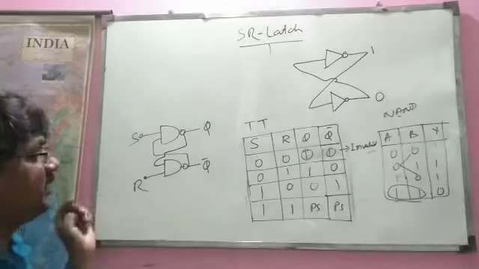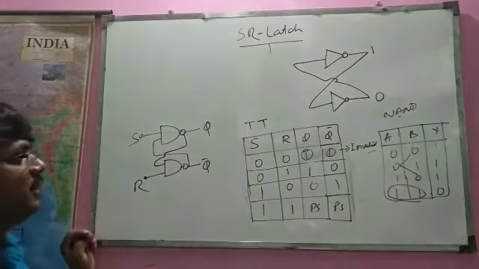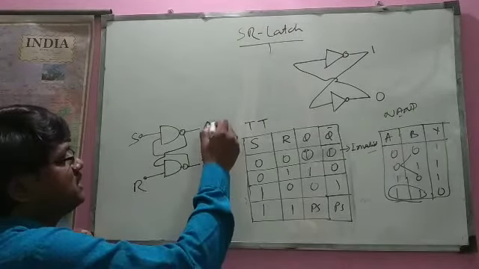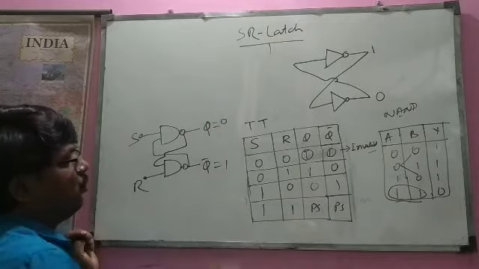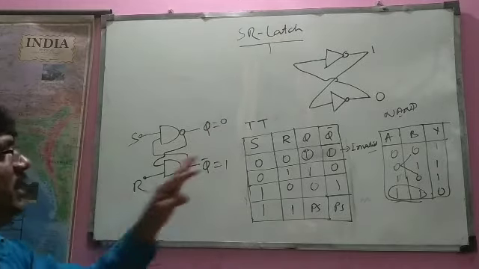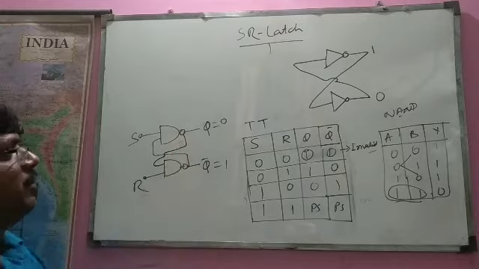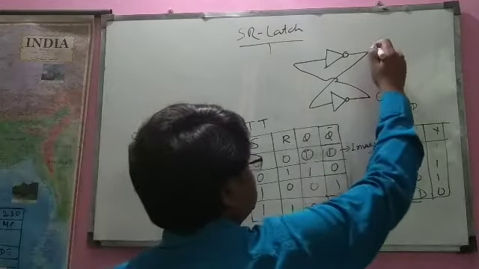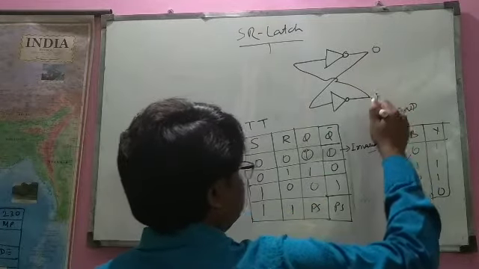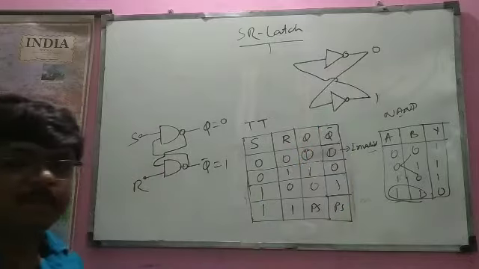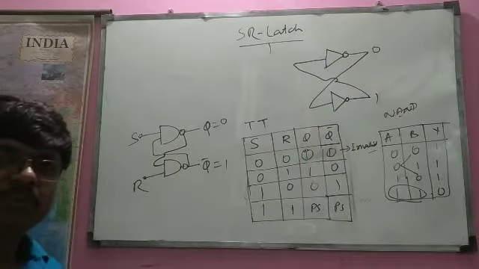But see here, let us suppose this is 0 and this is 1. In previous state, this is the case. Okay, let us suppose this is in 0 and this is 1. I will say change its output. How can you change? No, not possible.